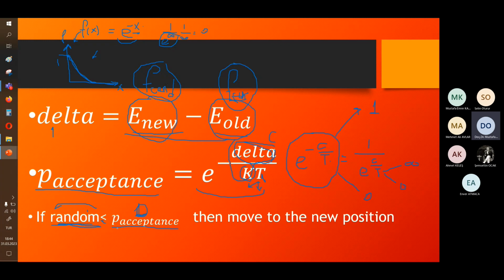So the temperature is affecting the same situation. If the new solution is worse than the current solution, let's say the difference between them is 7, and we don't want to accept this.